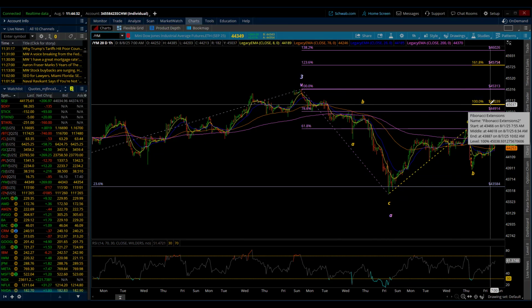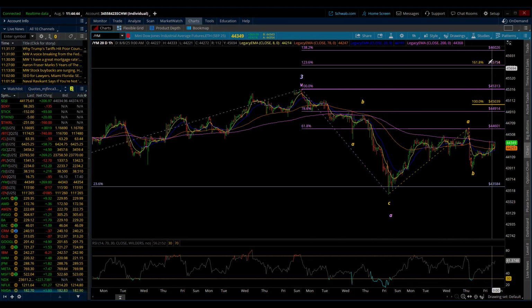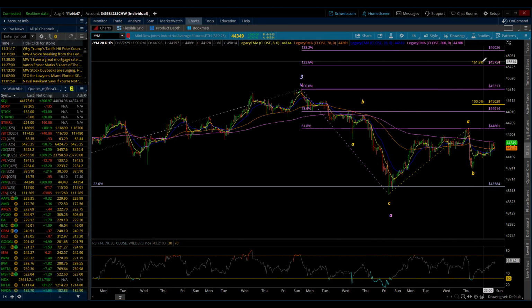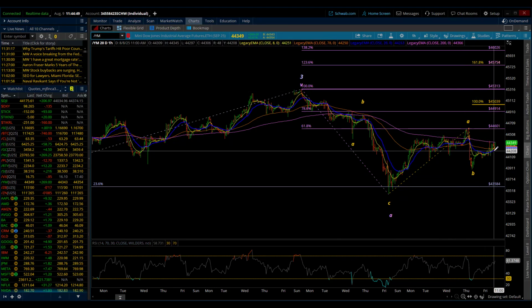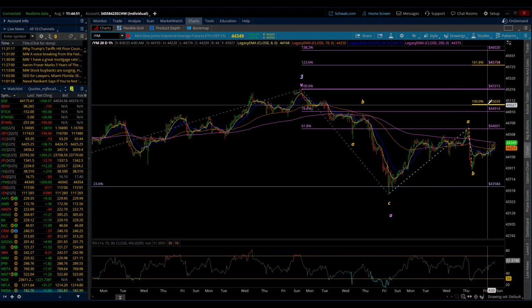But if it continues to come up and breaks through that, which it also could, remember what I just said in the cash: if the Dow perks up and gets some strong upside, and we've seen the Dow up 500, 600, 700, up 800 in a day, we could have a couple of those, and then we're up here. So I can't discount it, and I can't say it's not going to happen.